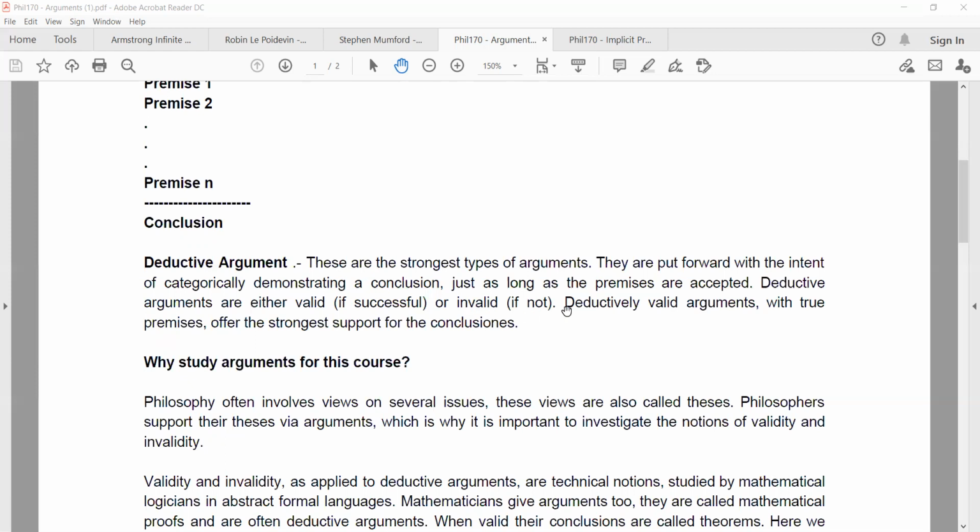So if you accept the premises in a deductive argument, if the deductive argument is actually good, then you should also accept the conclusion, right? However, deductive arguments might fail. So they are either successful if the premises actually entail the conclusion, and unsuccessful if the premises do not entail the conclusion. But the intent is for the level of support to be the highest possible.